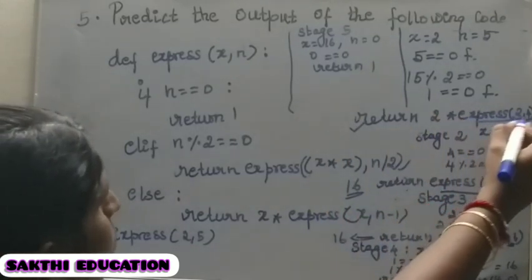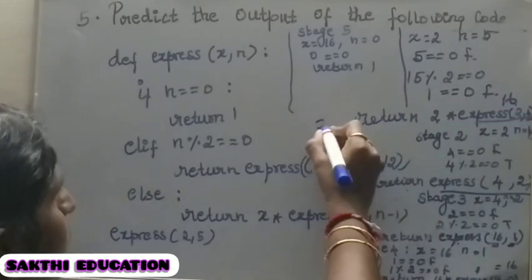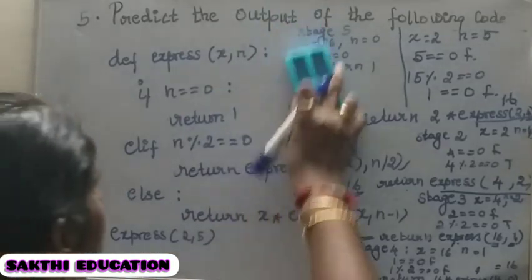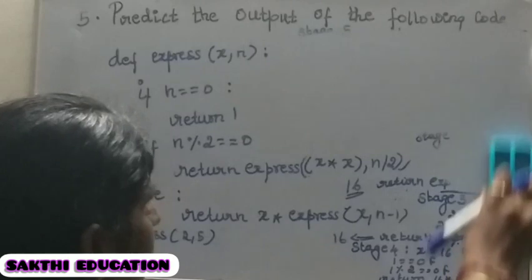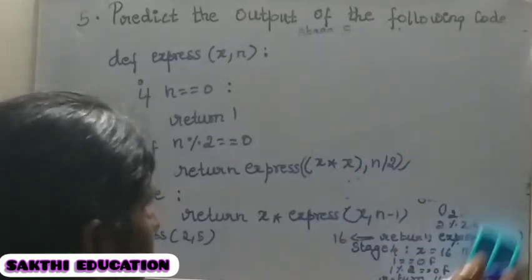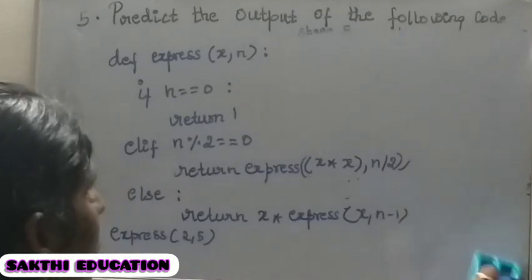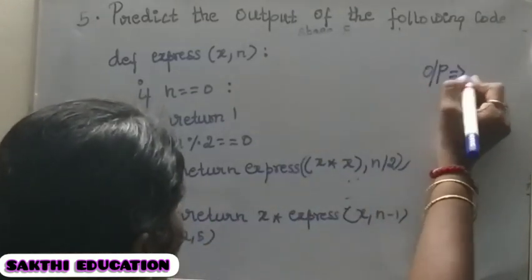So here 2 comma 4 got the answer as 16. 16 into 2 equal to 32. For this program, what is the output? 32 is the output. Output for this program is 32.